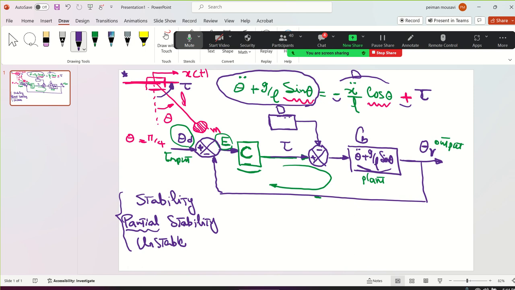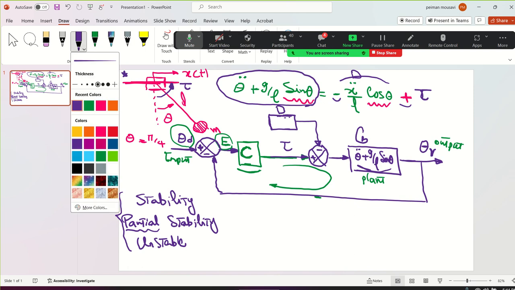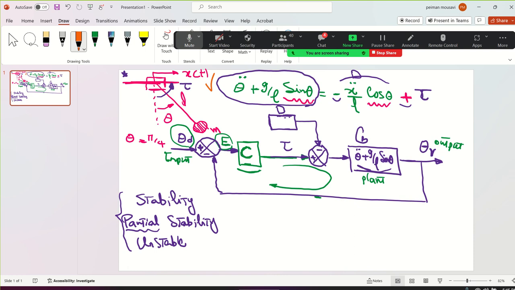This pushes us back to the differential equations course. So guys, theta double dot plus g over L sine theta equals, now forget about the control torque because I didn't teach you that yet, you only have this system, minus x double dot over L cosine theta.